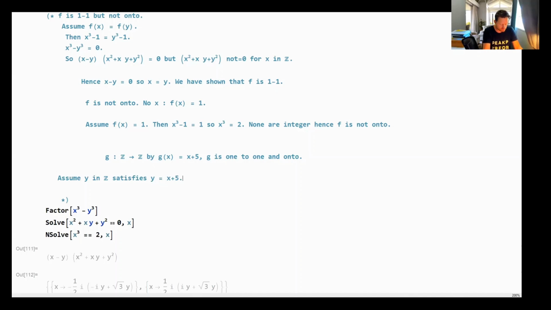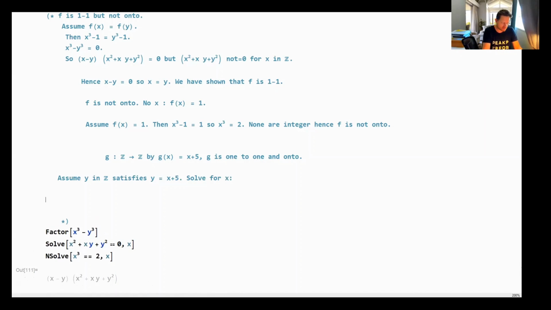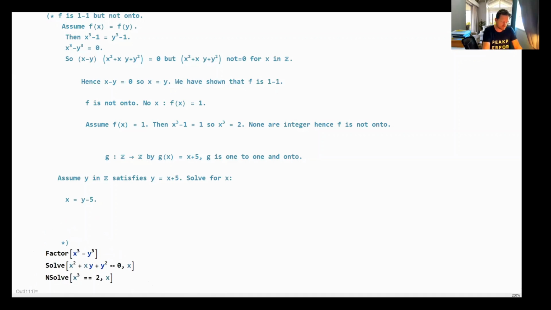Now we solve this for x. And what we have then is that x is equal to y minus 5, all right? So in other words, I'm finding the inverse, and that also shows you that the function is onto.